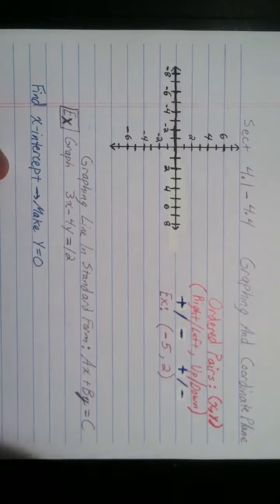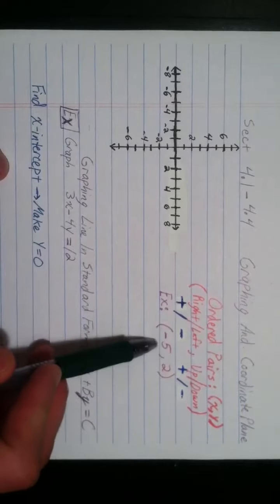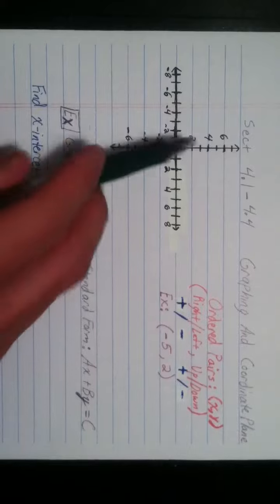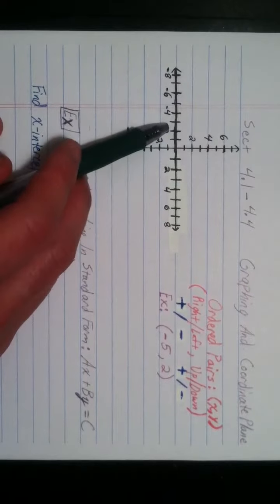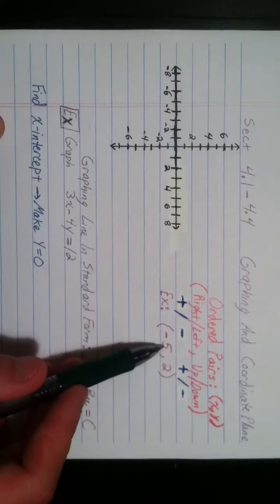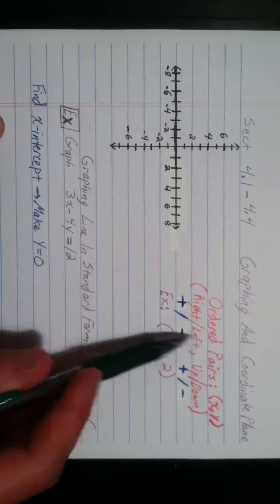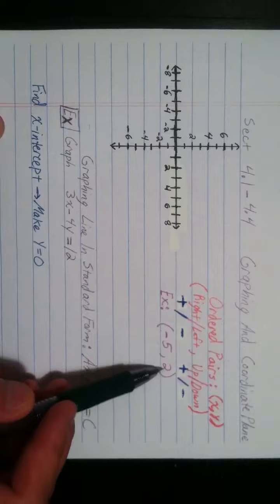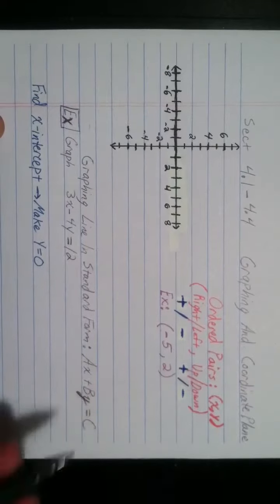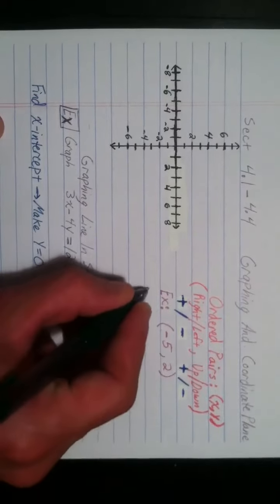So, for an example, if you're trying to plot the point negative 5, 2, if you're given the ordered pair negative 5, 2, and you wanted to plot that on this coordinate grid, well, the first coordinate, the x-coordinate, negative 5, that tells us we're going to be moving 5 units to the left because it's negative. And then the second coordinate, 2, is your y-coordinate. Since it's positive, it's telling you we're going to move 2 units up from the origin.